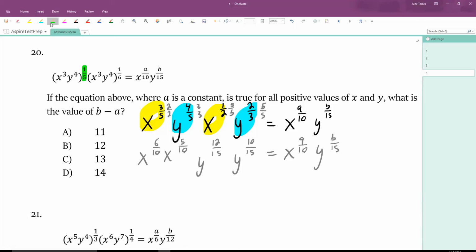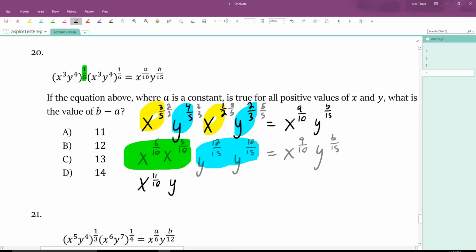Now we can go ahead and take these x's and add those exponents. That's going to be x to the 11/10, and we can take these y's and add those exponents. That's going to be y to the 22/15 equals x to the a/10, not 9/10, so this needs to be changed.